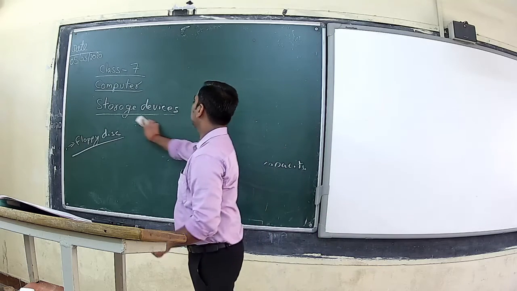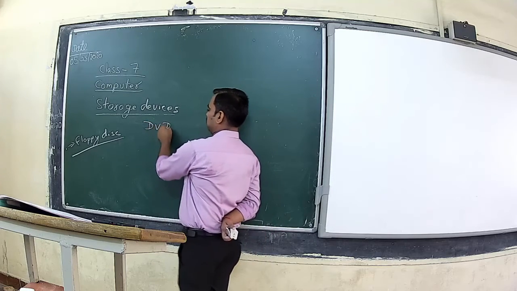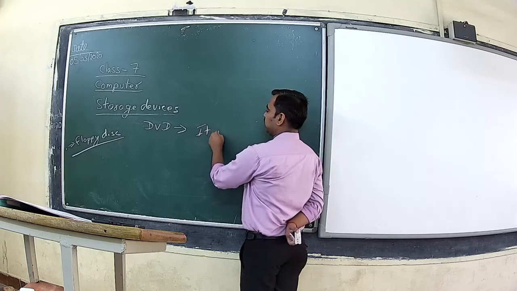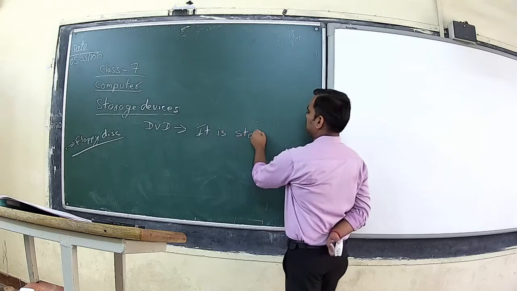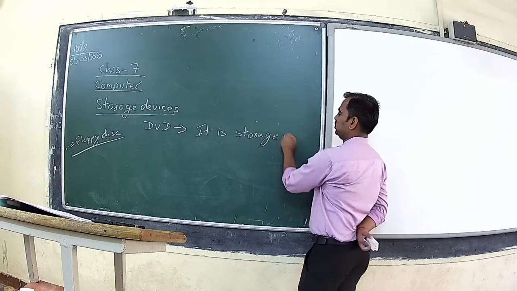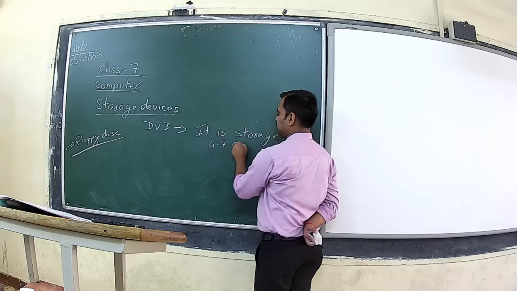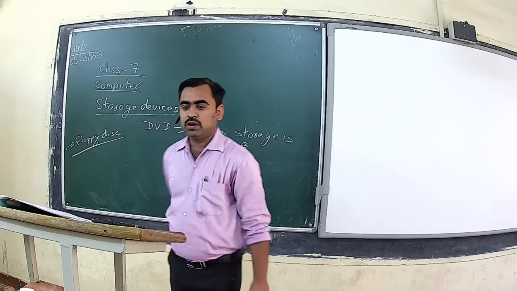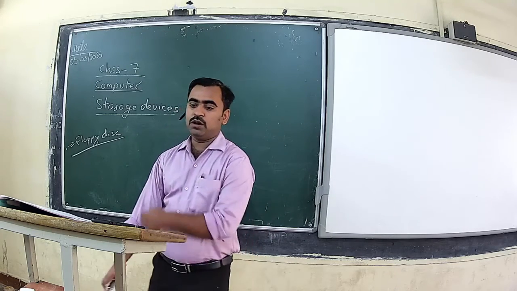Next is DVD. It is similar to CD, but its storage capacity is up to 4.7 GB. And after that, the pen drive, or the portable drive.